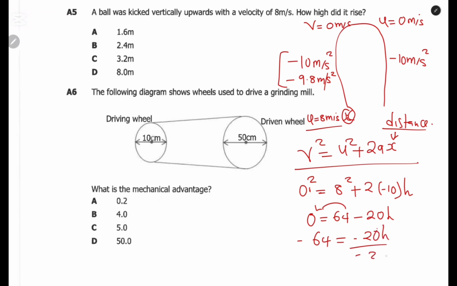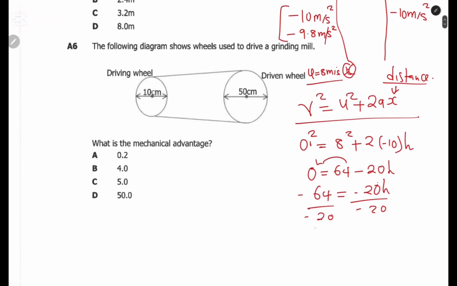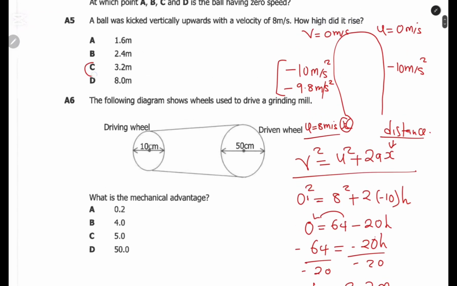We divide both sides by negative 20, and therefore h, the height, is going to give us 64 divided by 20, which should give us 3.2. In this case it is in meters. So this is the answer that we are looking for, and therefore the answer is C.